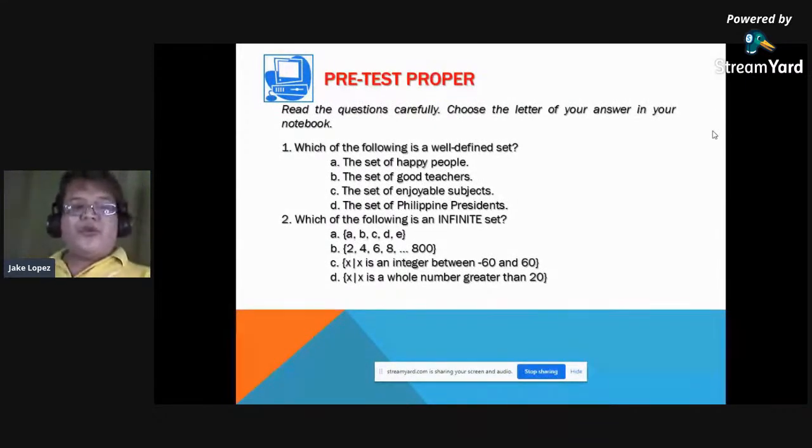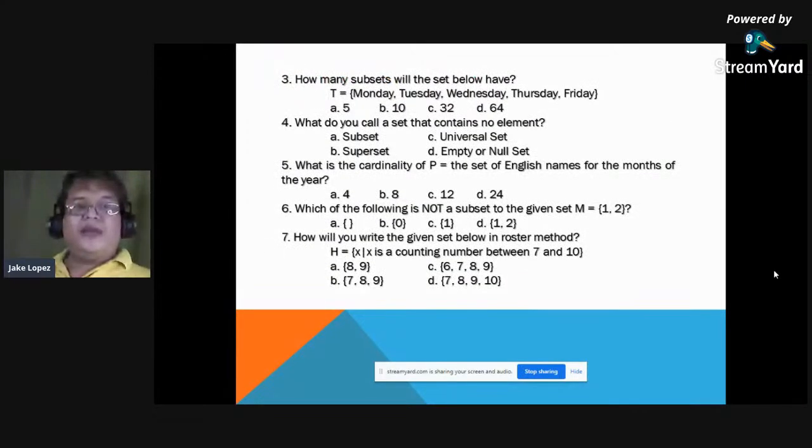Number two, which of the following is an infinite set? A, B, 2, 4, 6, 8 up to 800, and then C and D. Number three, how many subsets will the set below have?